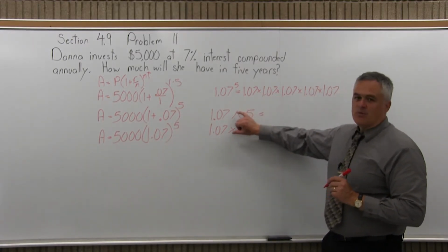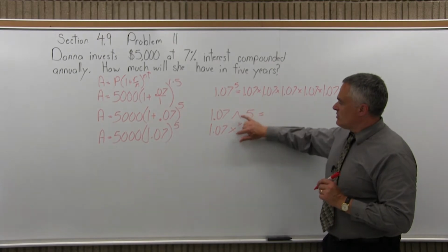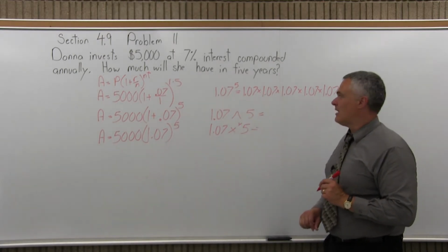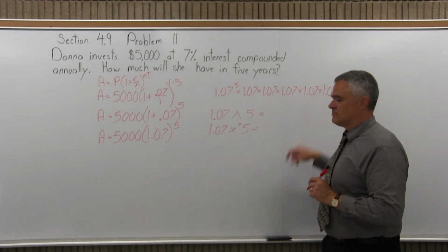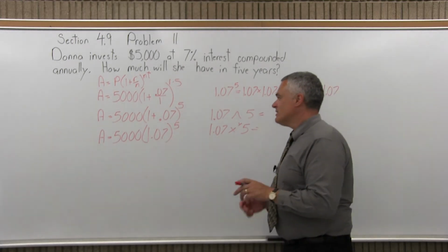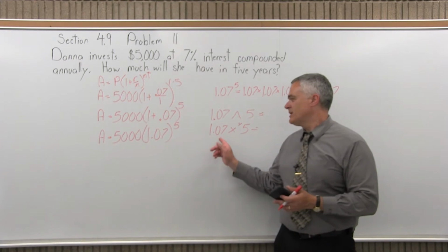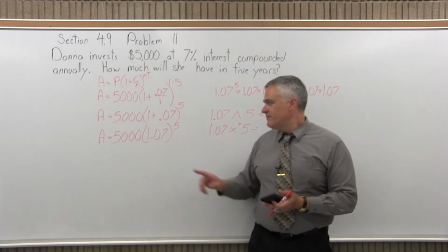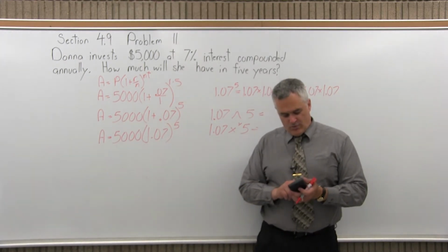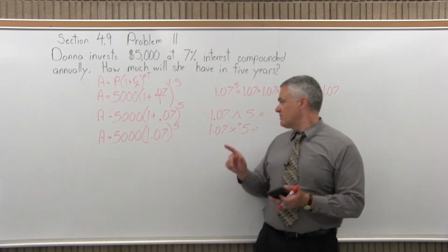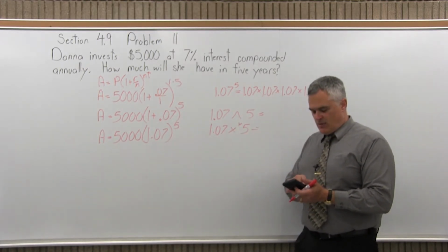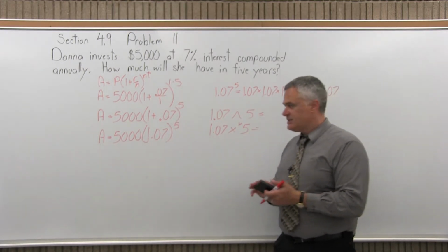If you have an exponent button, not all calculators do, but a lot of them do, it'll look like one of those two. If not, you're doing it the long way. Still better than by hand. So I have a calculator with an exponent button. I'll make sure the screen is clear. I'll enter the base of 1.07, press my exponent button, put in 5, equals.